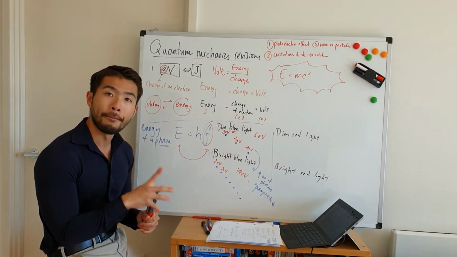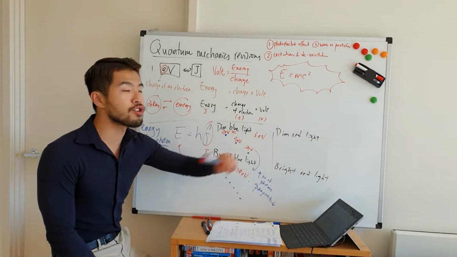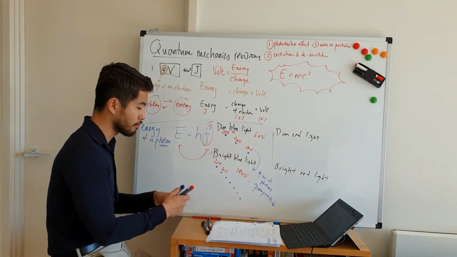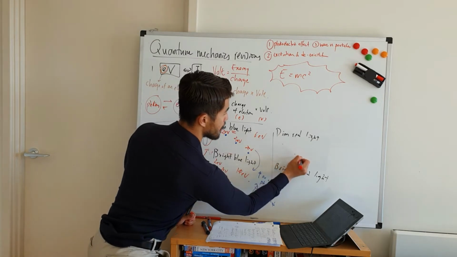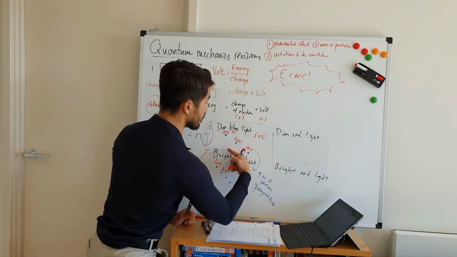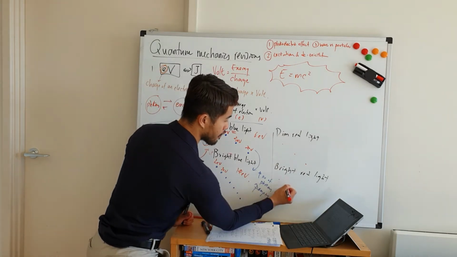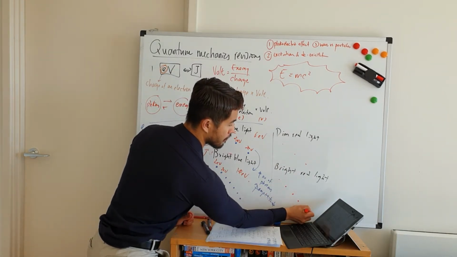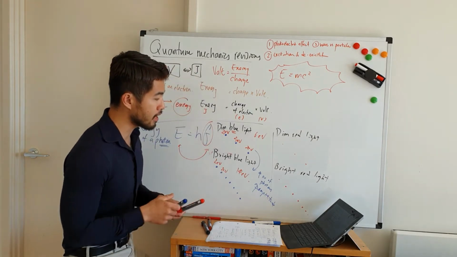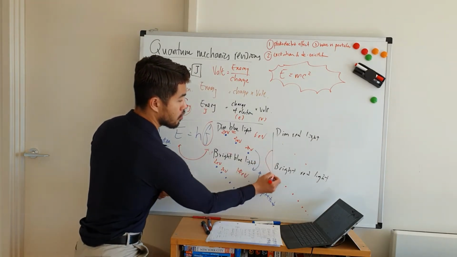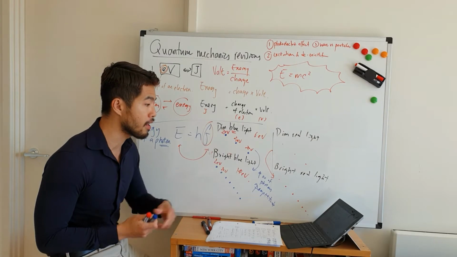But what if we change color? Let's say all of these are reds, the same brightness. Here, dim blue light, dim red light. 1, 2, 3, 4, 5, 6, 7. 1, 2, 3, 4, 5, 6, 7. You can see that here it's the same. You are increasing the number of photons and increasing the amplitude.